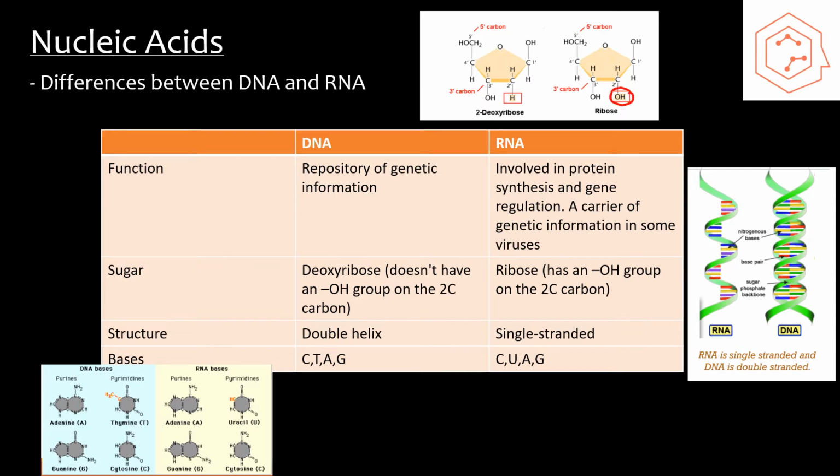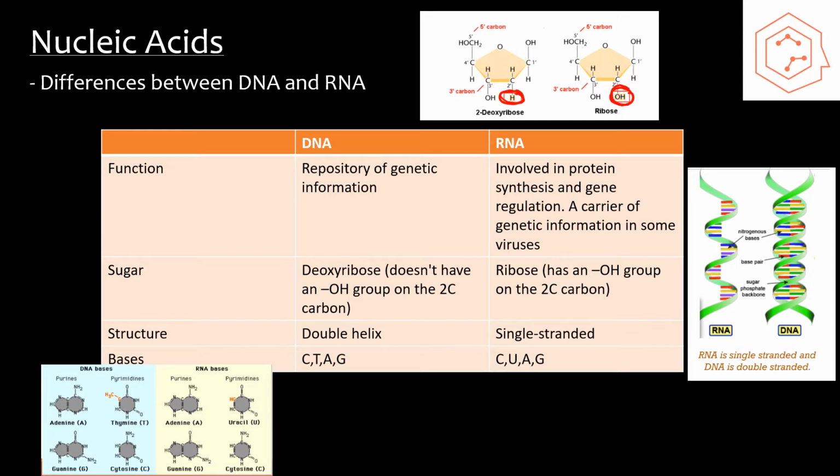So the difference between deoxyribose and ribose is the presence of oxygen on carbon 2. So we see over here you have a hydroxyl, but over here you just have a hydrogen. So in deoxyribose, without oxygen, you just have the hydrogen, and in ribose, you have the hydroxyl here on carbon 2.